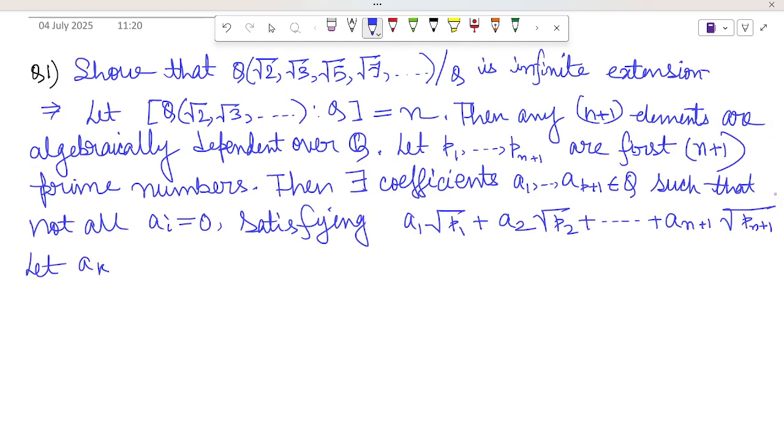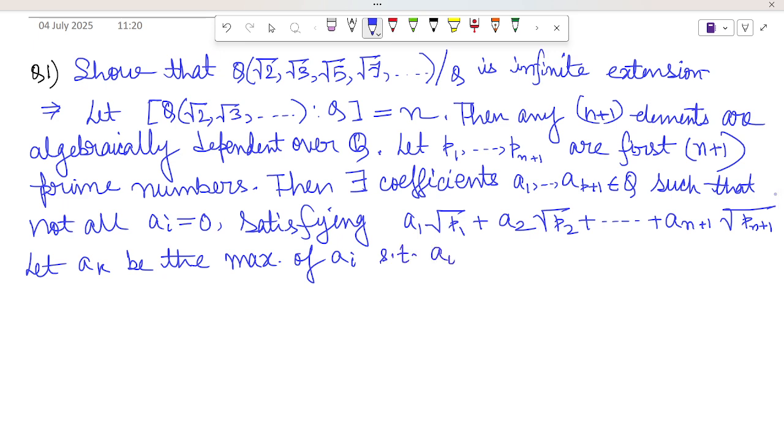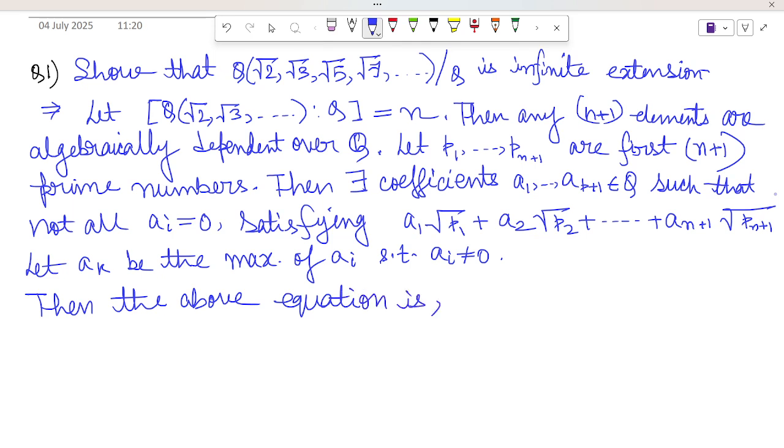Let ak be the max of ai such that ai is non-zero. Then the above equation is, okay.